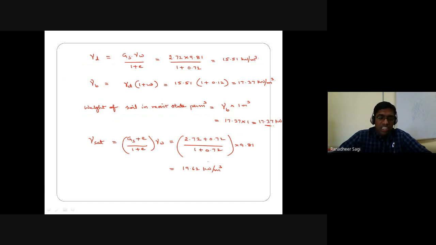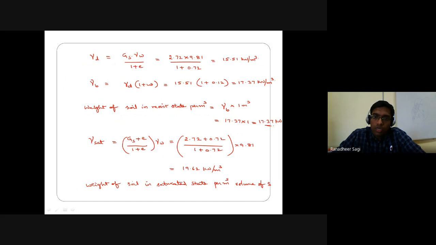So once we know the saturated unit weight and once we know the bulk unit weight, from the bulk unit weight we have calculated the weight of the soil in that bulk state or partially saturated state within 1 meter cube volume of the soil. Now in the same way, what is going to be the weight of soil in saturated state per meter cube volume of soil?